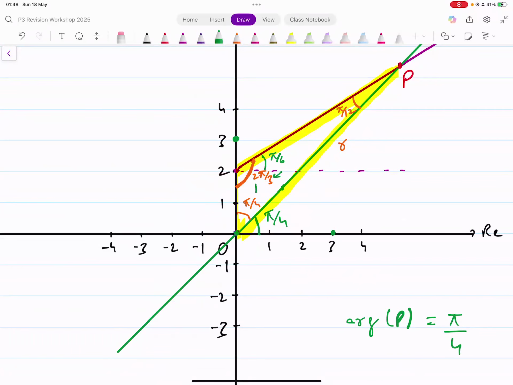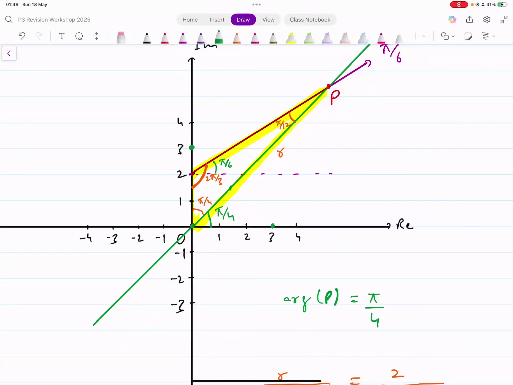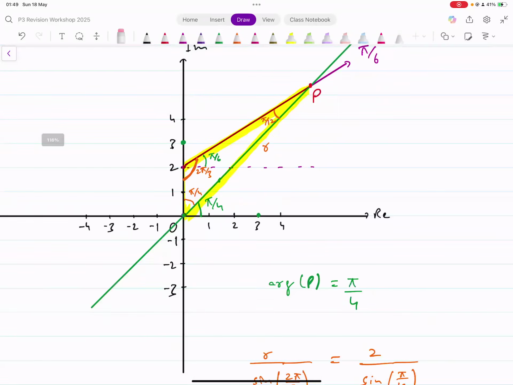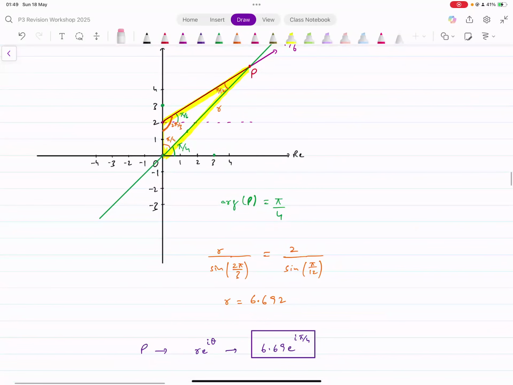This angle at the bottom is pi over 4. You can find the third angle as well. You've got 3 angles in that triangle, and you know one side, this side is 2 units. So you can find the side OP using sine rule, and that gives you the result. That's what you were looking for. That's the modulus of the point P.